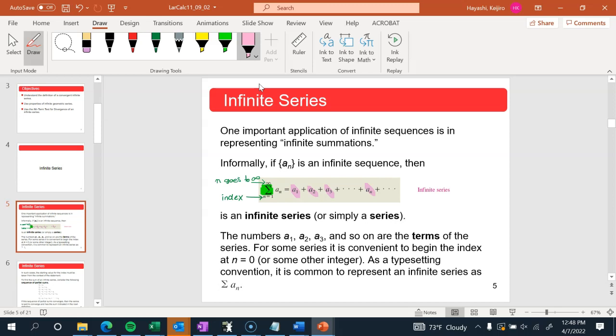So it is possible to add infinitely many things together, but still come out with a finite sum.